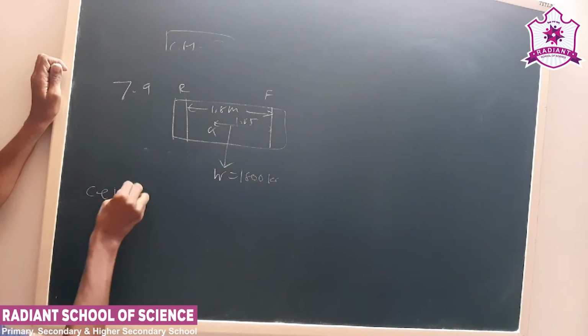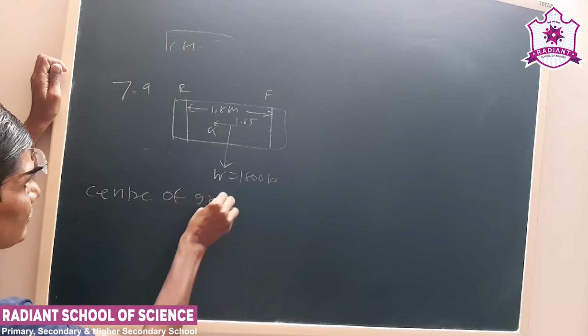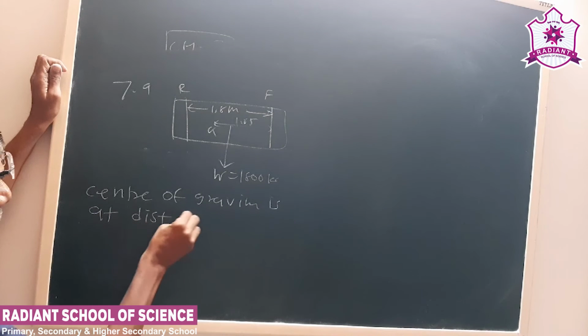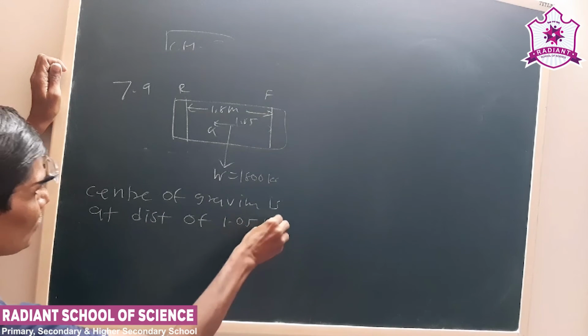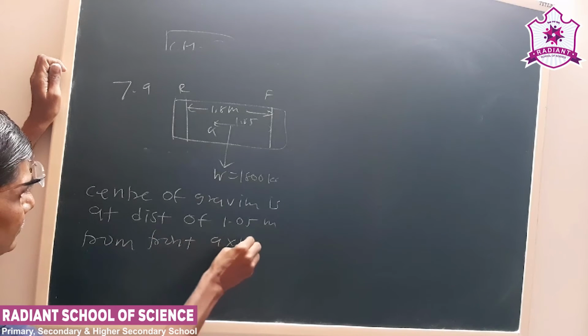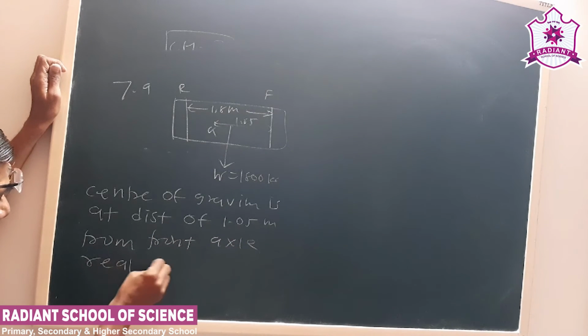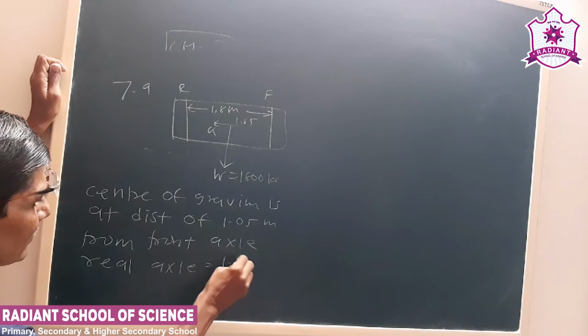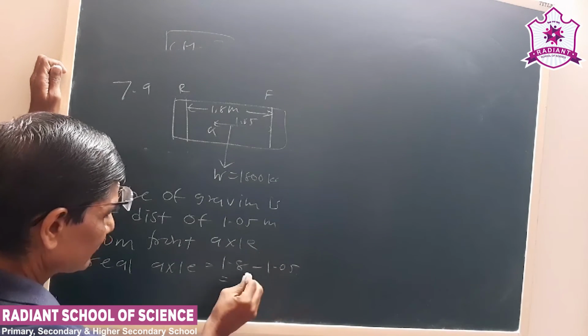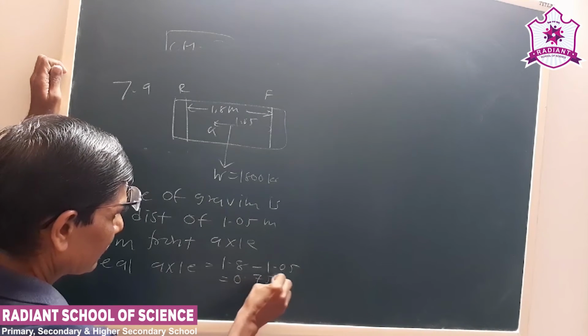Center of gravity is at a distance of 1.05 meter from the front axle. So from the rear axle, it will be 1.8 minus 1.05, that is 0.75.